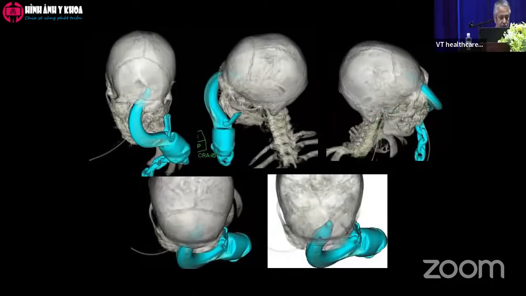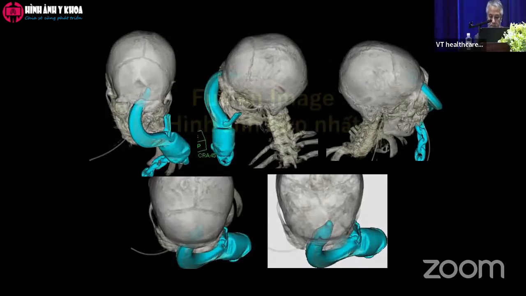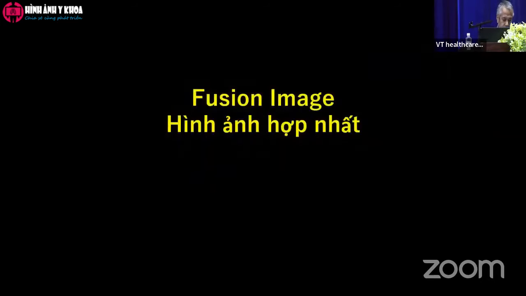After creating the 3D image shown above, observe the required angle. A fusion image can also fuse with a different modality for enhancing the amount of information.